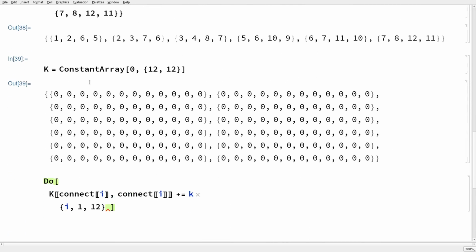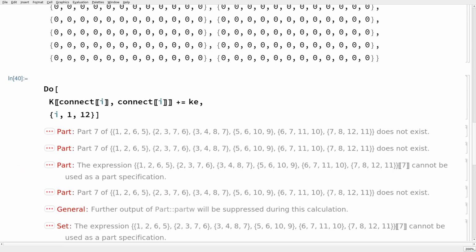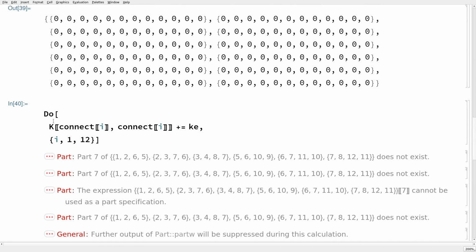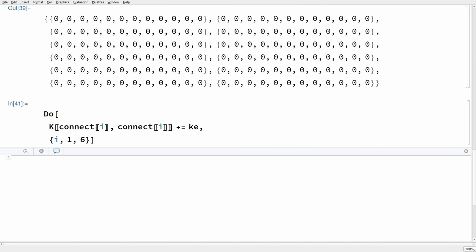KE. Oh, sorry. This goes from 1 to 6, the number of elements, not the number of nodes, right?